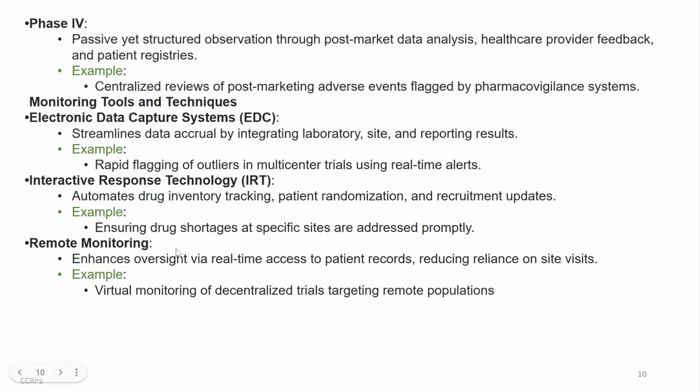Remote monitoring: we have on-site, in-person, physical monitoring, and we have remote monitoring as well, from a distance, like through Zoom meetings, which enhances oversight via real-time access to patient records, reducing reliance on site visits. Example, virtual meetings for decentralized trials targeting remote populations.